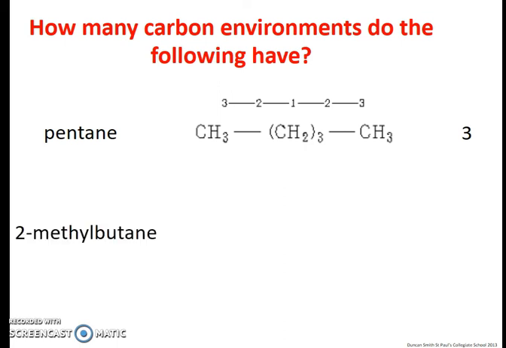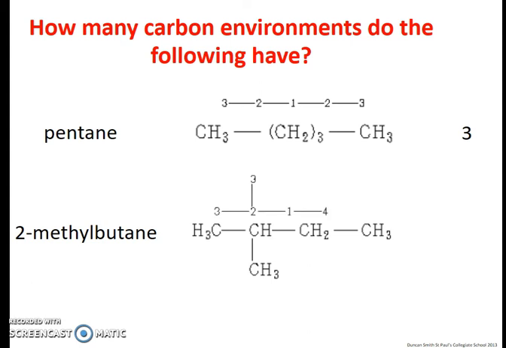Okay, so now have a look at 2-methylbutane. Again, I suggest you pause this video for a second, think about that, decide how many carbon environments you think it might have. Okay, have you done that? Did you choose 4 carbon environments? If you did, give yourself a nice big pat on the back.